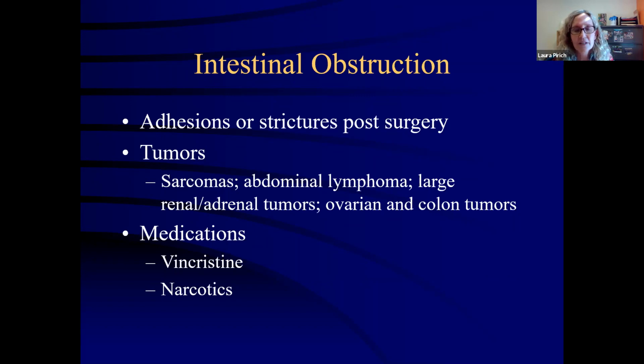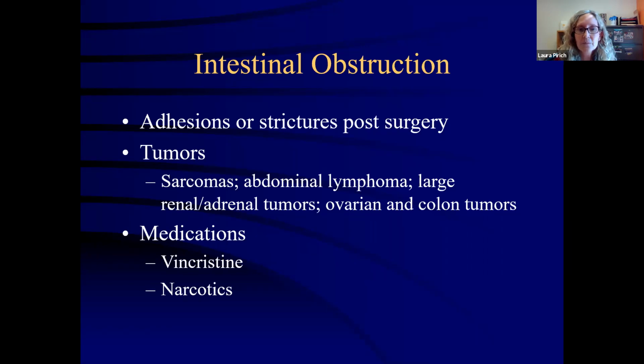I occasionally will see a kid in my late effects clinic pop up on a list who has had an intestinal obstruction probably related to their original surgery for their tumor. So when someone comes in with signs and symptoms, or they have a past medical history of a tumor in their abdomen that had surgery, think about the possibility of adhesions or strictures in a kid who's presenting with vomiting.